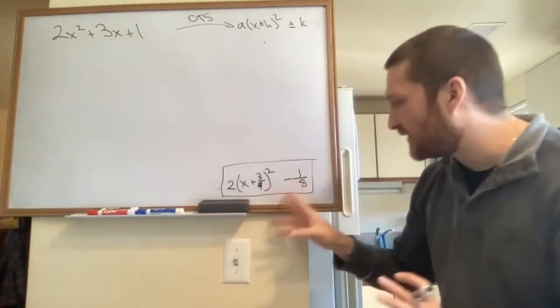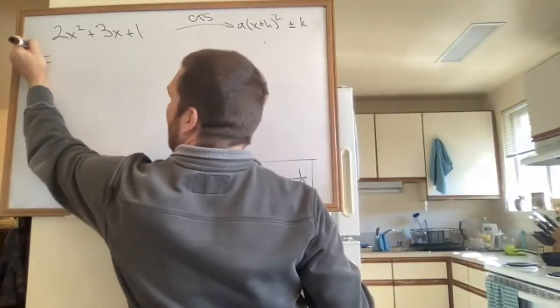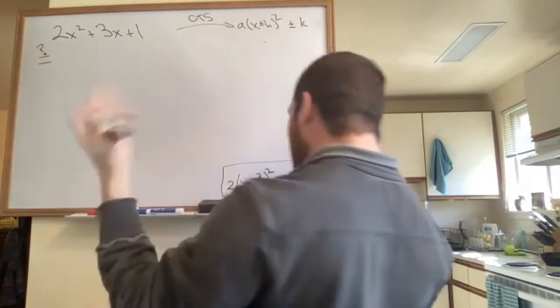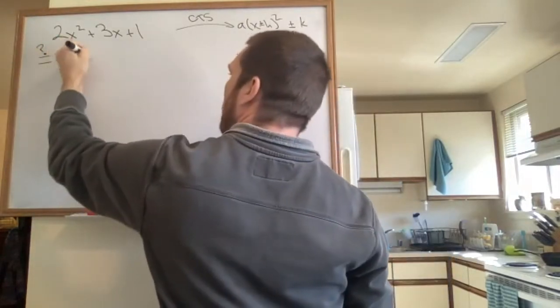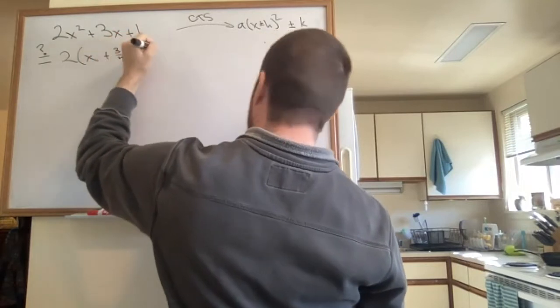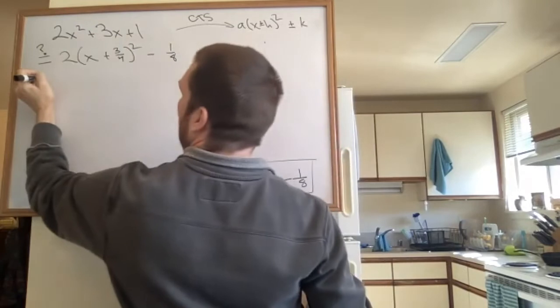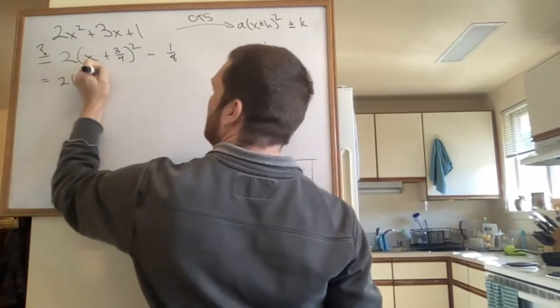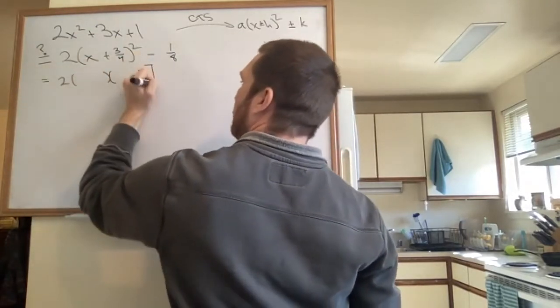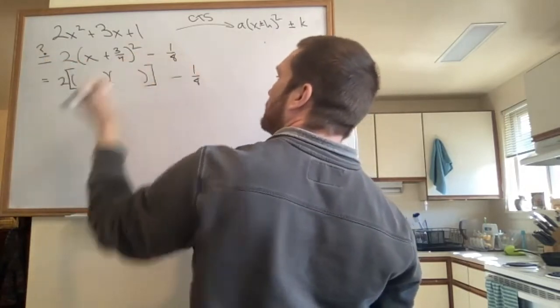So now that we've gotten this, I'm checking to see, is this thing actually equal to 2x plus 3/4 squared minus 1/8? And so I'm going to say, okay, 2 times this times itself. Use some brackets to really help myself out.